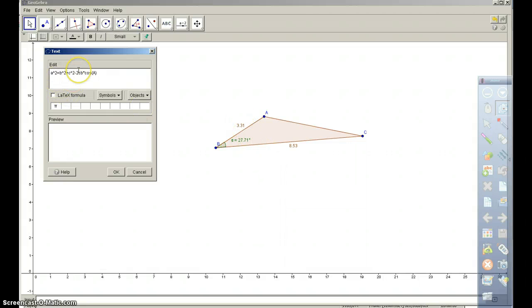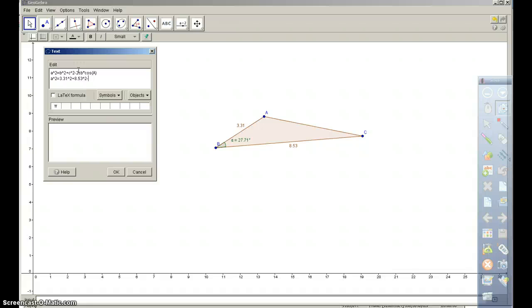So I'm going to say, gosh, I don't know what A squared is, but I know that B squared means 3.31 squared, right? And I know that C squared means 8.53 squared, right?